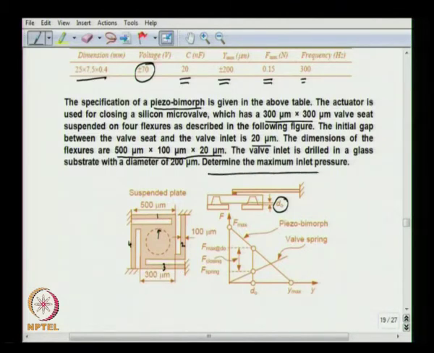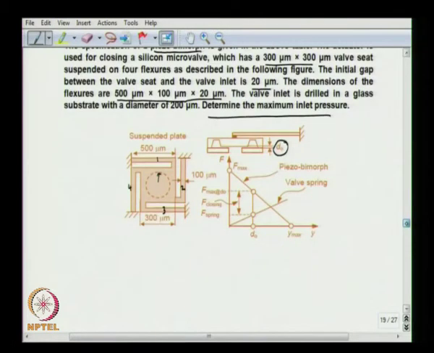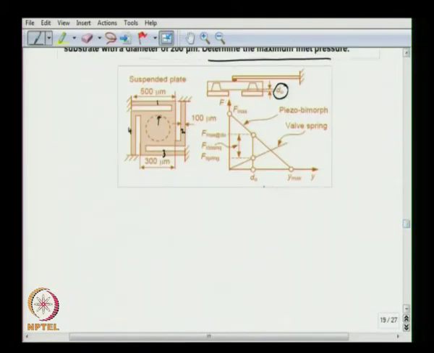We want to determine the maximum inlet pressure. So, this is how the characteristics are going to look. At 0 deflection, the force is going to be maximum, and as the deflection occurs, the force is going to reduce.